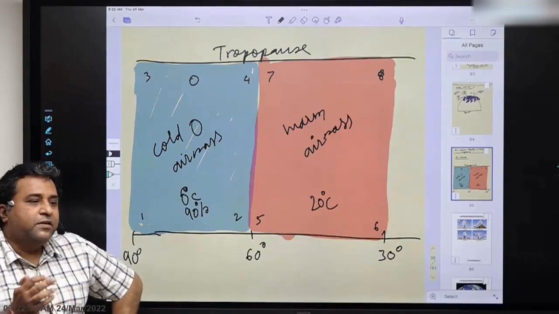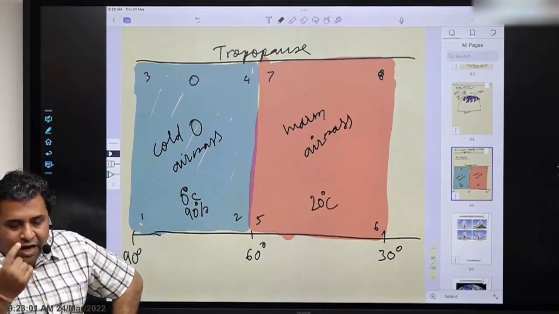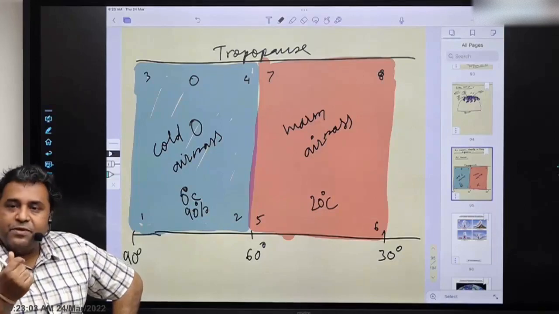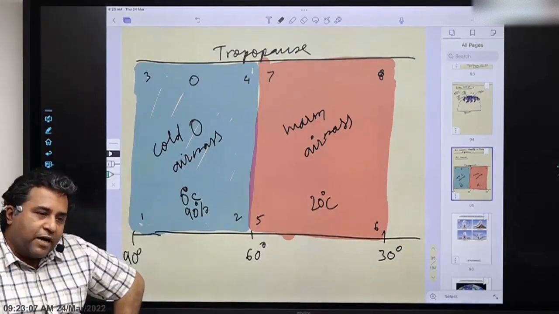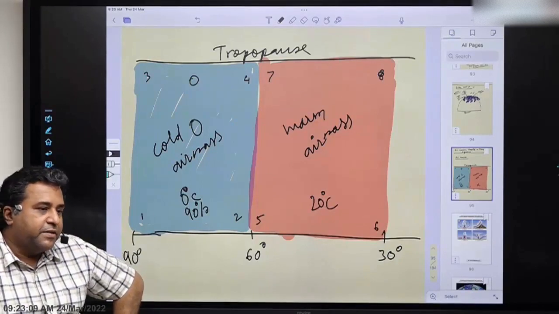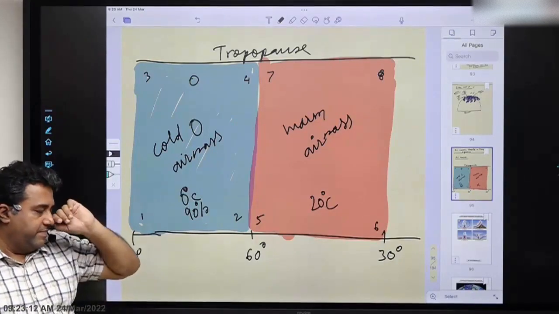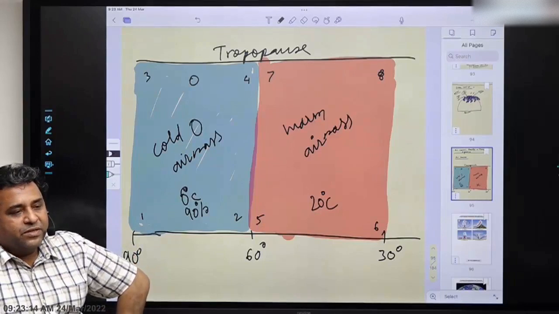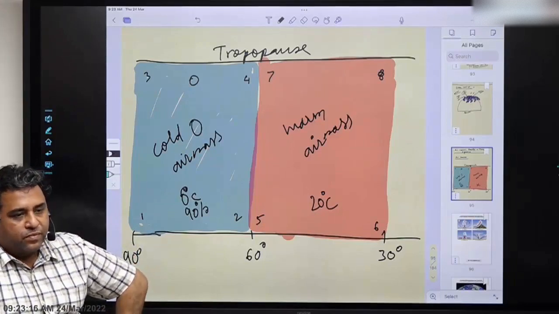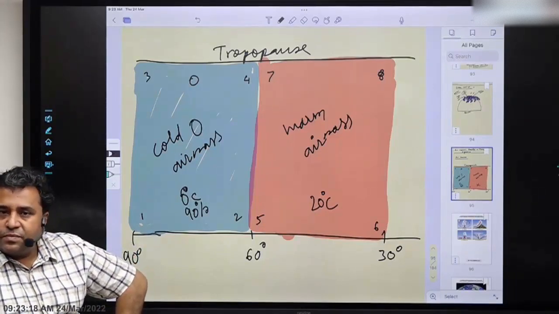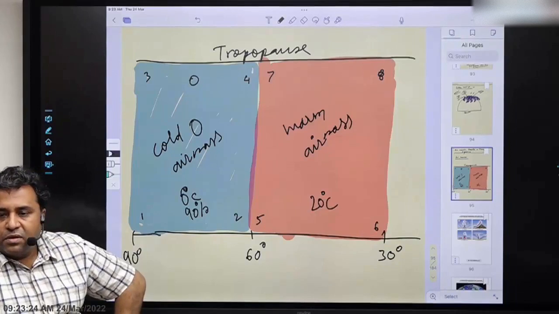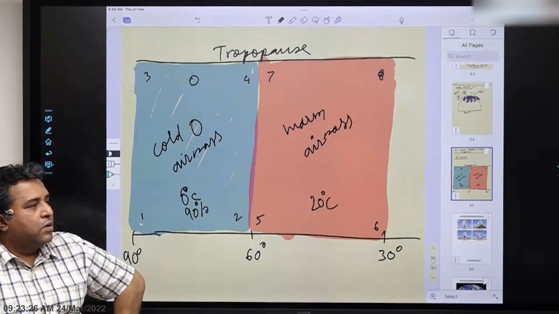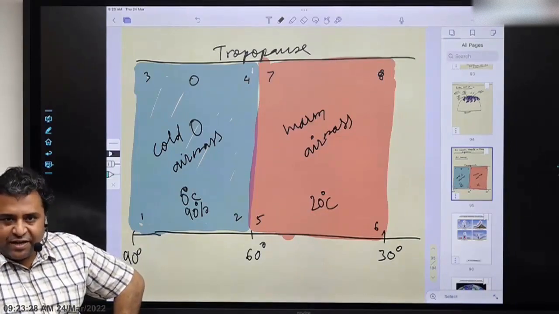Alright, so please write that for our purpose, we classify air masses on the basis of temperature, within bracket latitude, because latitude and temperature are related.